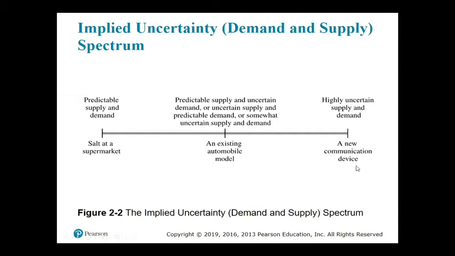This would correspond to maybe a new electronic device, whereas at the other end we have maybe salt or flour at a supermarket. And somewhere in between, we may have another product, maybe an existing automobile model, whereas if we introduce a new model, maybe it will fall more on the right side.